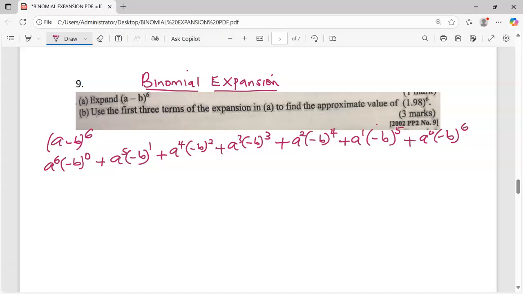Once we have done that, we now simplify, then insert the coefficients before we move to part b.